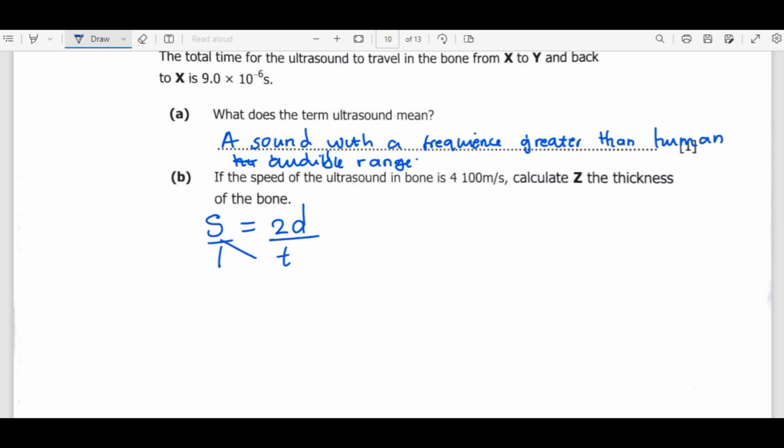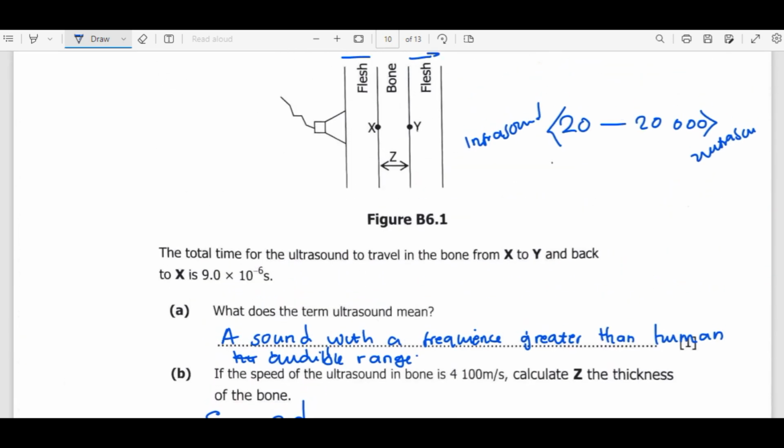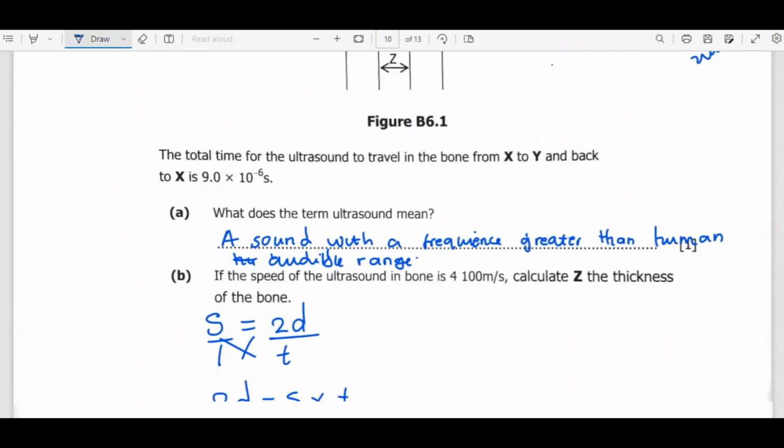We cross multiply, so 2D is equal to speed times time. Now what do we mean by 2D? The distance of going from X to Y and the distance of coming back from Y to X. So we have the going and coming distance. That's why we have 2 from the echo.